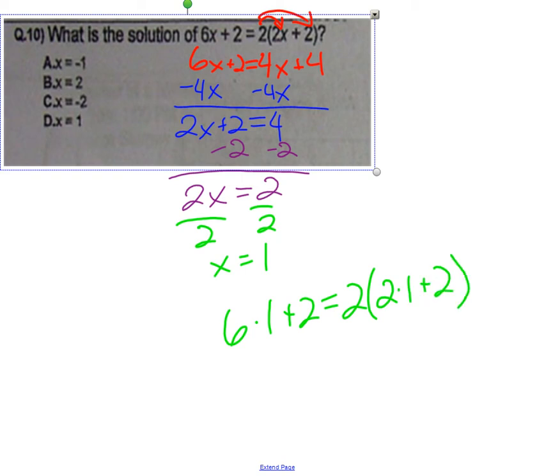We can just check to see if that works. So 6 times 1 plus 2 is 8. If we work out the parentheses here, 2 times 1 plus 2 is... 4 times 2 is? If that does not work, your answer is incorrect. So please do everyone a favor and check these. There's no reason to get that wrong. All right?